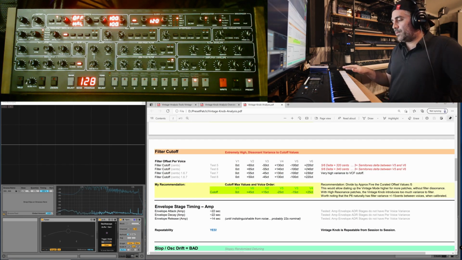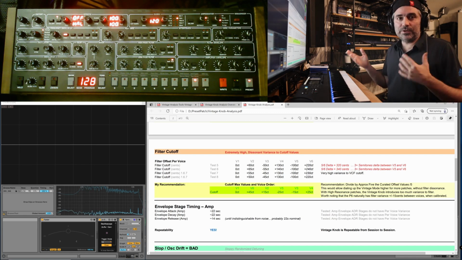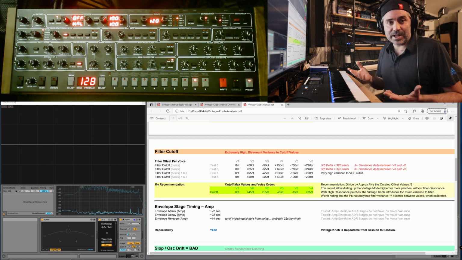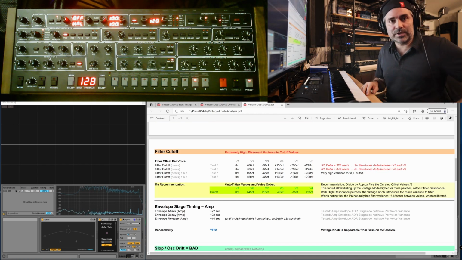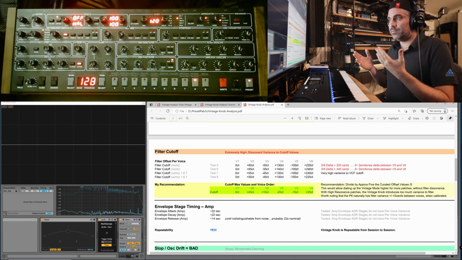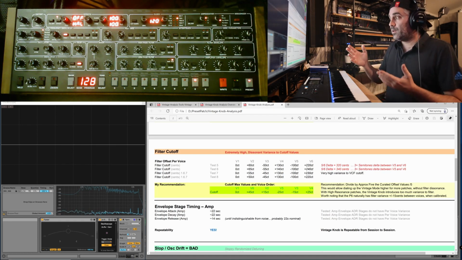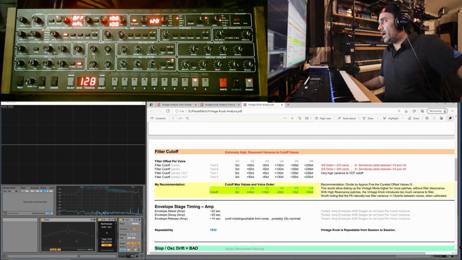So this example with the self-oscillating filter just illustrates it very clearly, but you still hear the same thing in any patch where you have any sort of resonance in it, or using the filter key tracking, or even without, you get these weird dissonances because the filter offsets are so extreme and so weird. So my recommendation on this is to really cut this down by a lot, like divide by 5 or so is what I'd recommend.